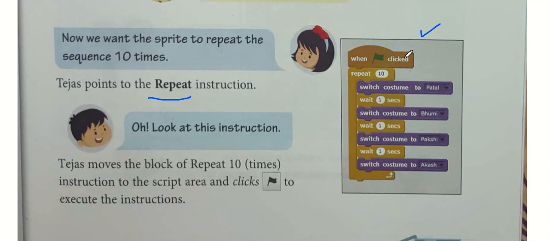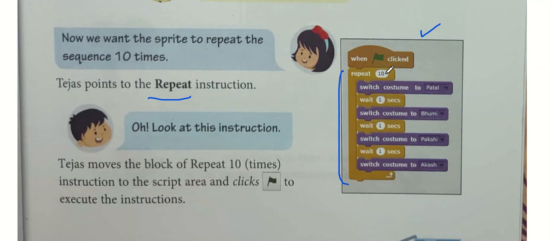Here in this code, they have written the first instruction as when flag clicked, as this is the trigger instruction which is used to execute the program. If we do not write it at the beginning, then we have to double click this code. The repeat instruction is used to execute a few instructions or any instruction for a specific number of times.